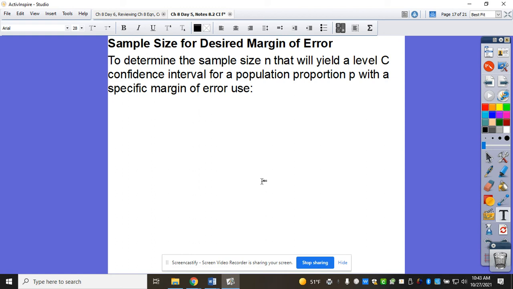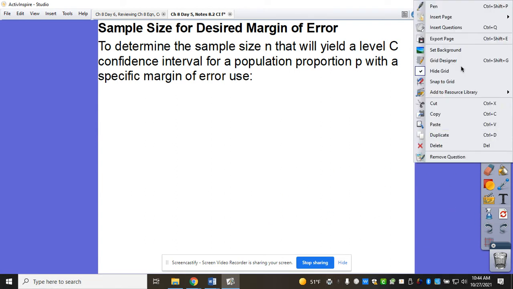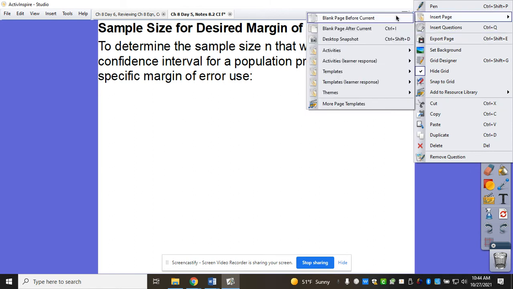About yet is finding your required minimum sample size for proportions. So don't write anything yet. What is my equation when I'm dealing with means?